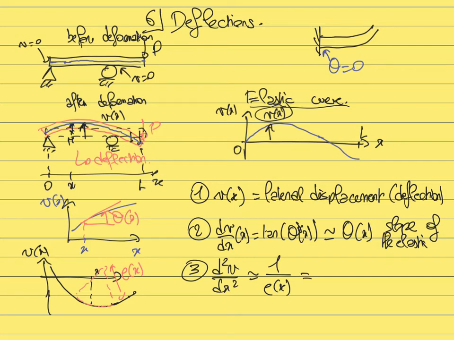And this will tell you the curvature of the beam. So if the second derivative becomes larger, then it means that the beam becomes more convex. And so this is what we are going to use to describe the curvature of a beam. We are simply going to calculate the second derivative of the deflection function v.